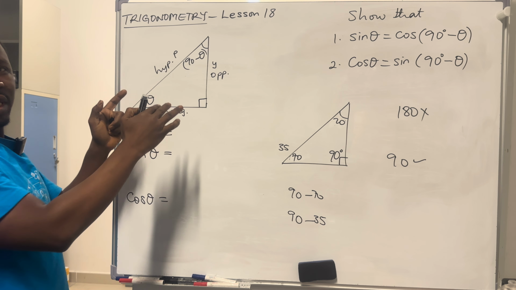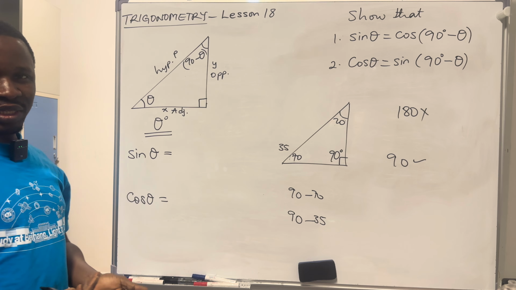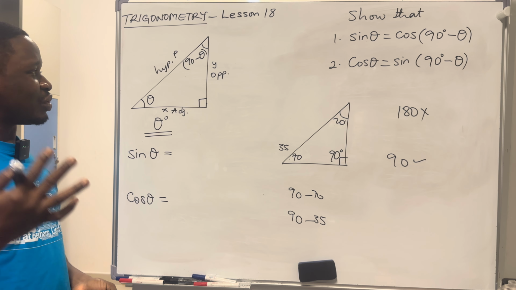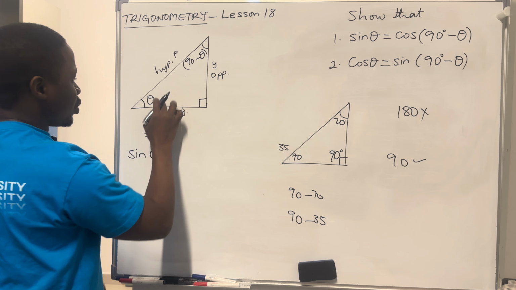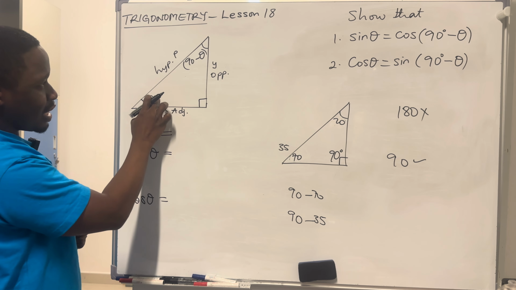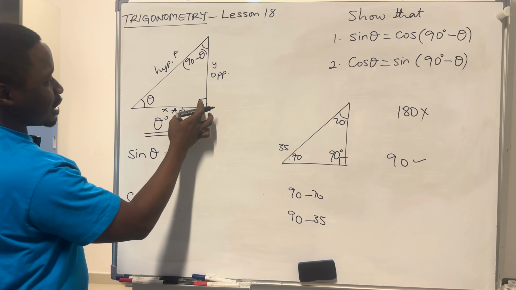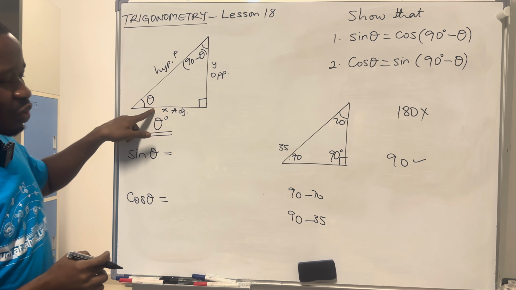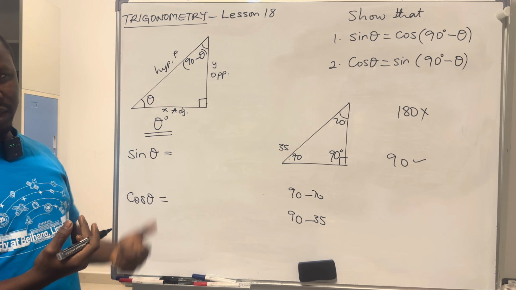It's a general concept I've been explaining since the beginning of trigonometry; in fact, the first two videos are meant for that. This side is opposite because it faces the given angle. This side is the hypotenuse because it faces the 90 degrees. This side is the adjacent because it is between the given angle and the 90 degrees.